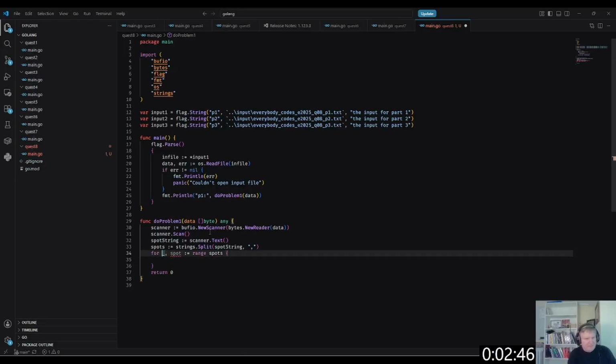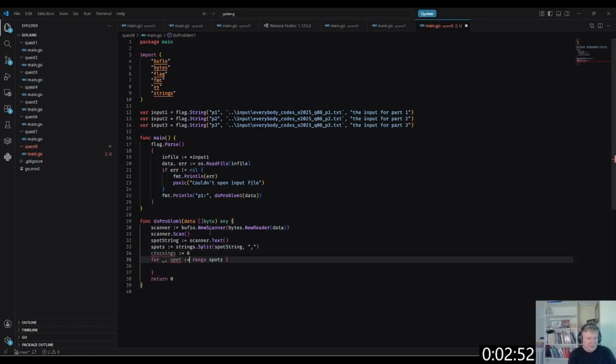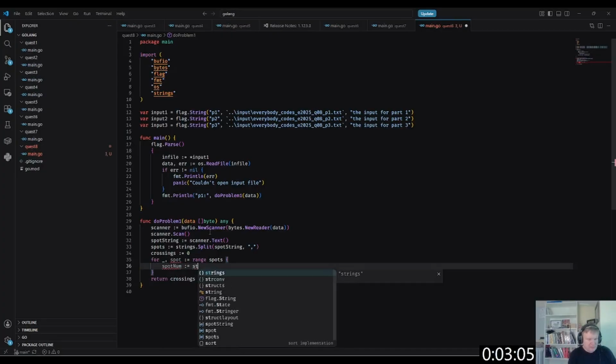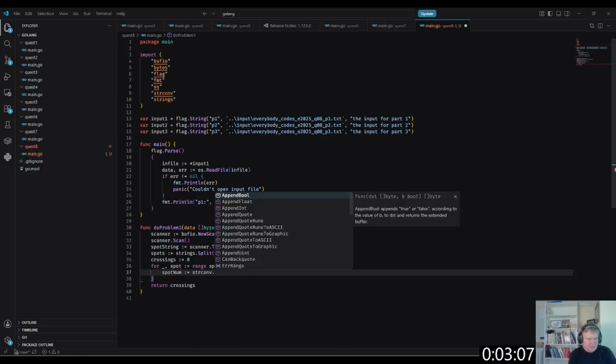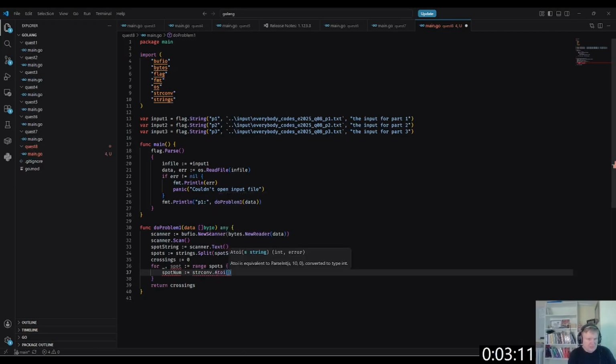Okay, and then crossings 0, return crossings, spot num, dot, atoi, spot.